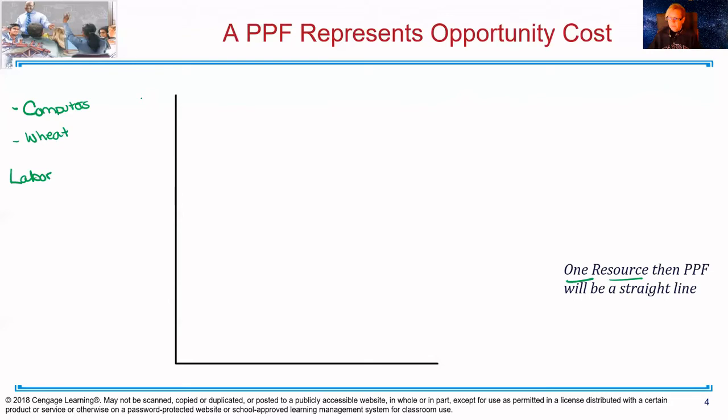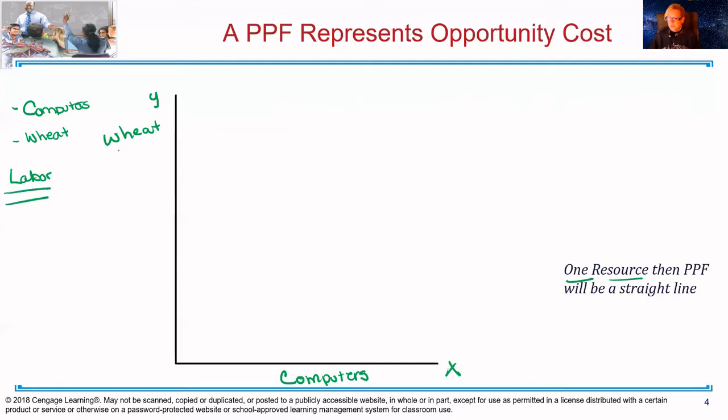Because I don't have numbers in this exercise, it doesn't matter what I put on which axes. So I'm just going to go ahead and put wheat over here on the y-axis, and I'm going to put computers on the x-axis.